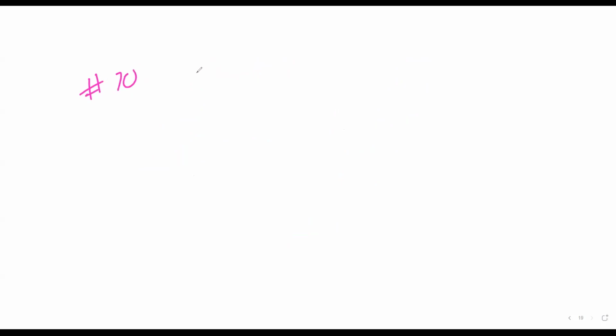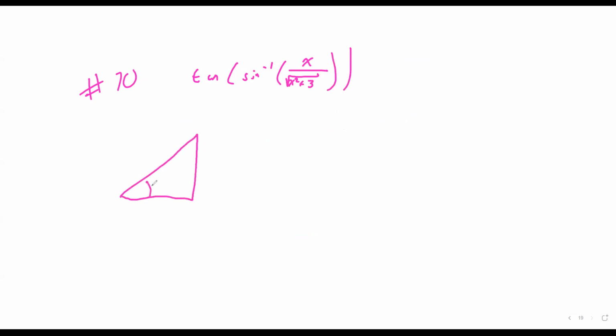Number 70 says tangent of sine inverse of x over the square root of x squared plus 3. Keeping with it, just because it got bigger doesn't matter.